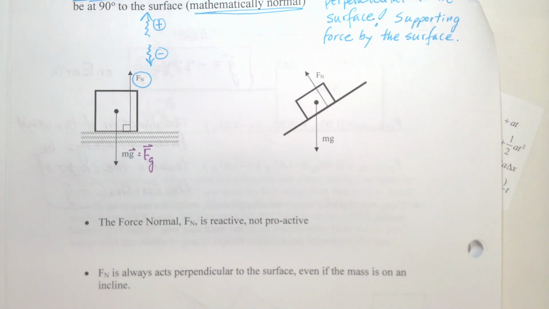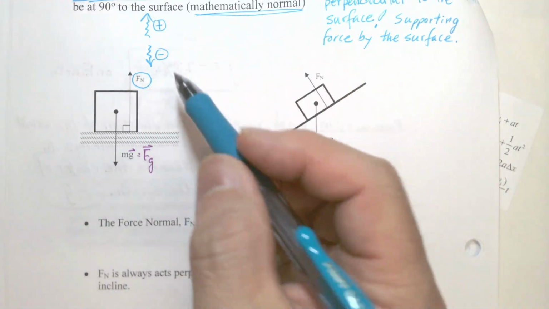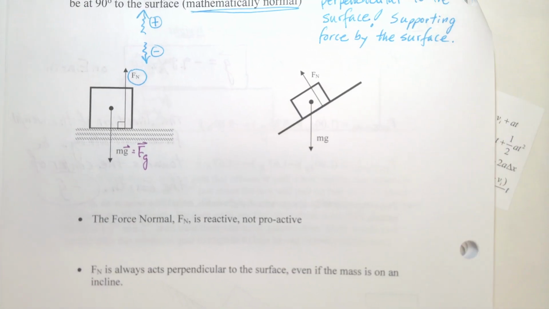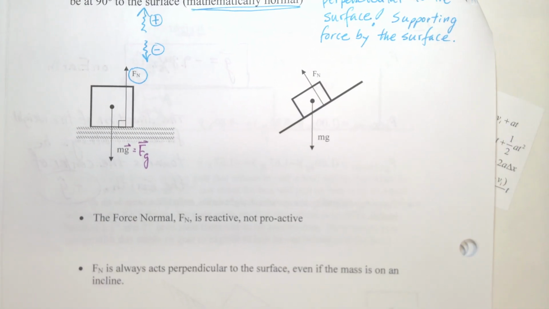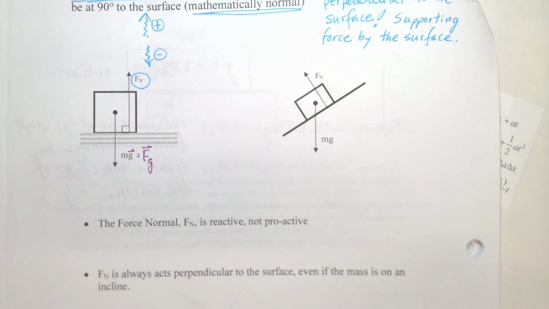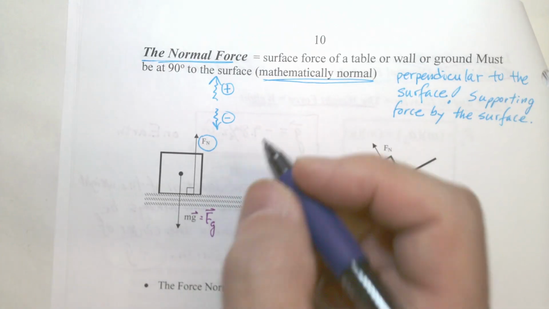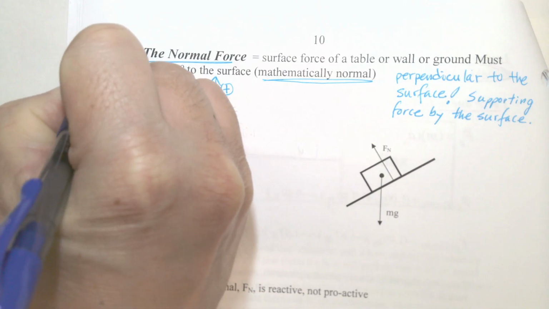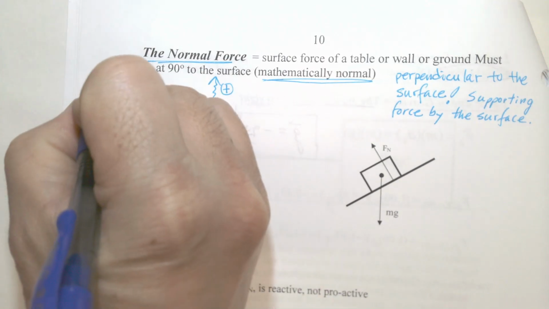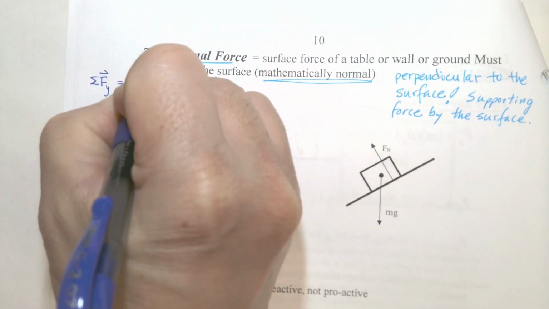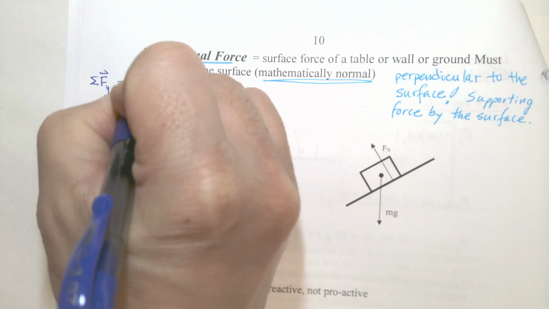So, if we were to think about this and apply Newton's second law that we learned, okay, we can say that the sum of all forces in the y direction is equal to m a_y.